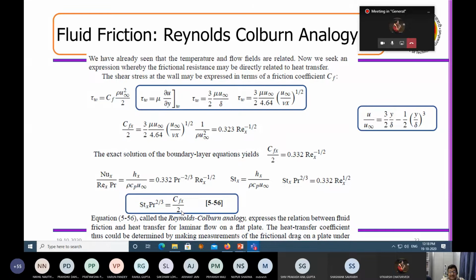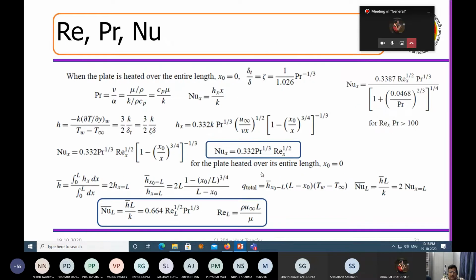Now why are these correlations important? Suppose I go back to my previous correlation. Say there is a pipe flow, and as an engineer you have all the conditions, like say water, the density, the velocity, the viscosity, the thermal diffusivity, the specific heat, everything.